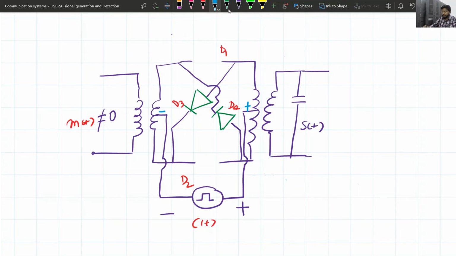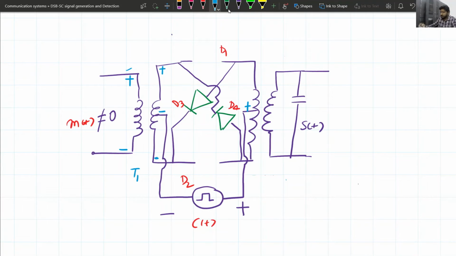Now let's say the polarity of the primary of the transformer T1 is given by plus minus. Same MT will be in the secondary, the polarity will be the same.